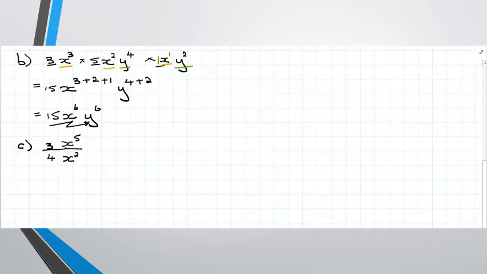Then I know the second rule that I must be aware of: if the bases are the same, but this time in division, a^n divided by a^m, then it must become a^(n minus m).